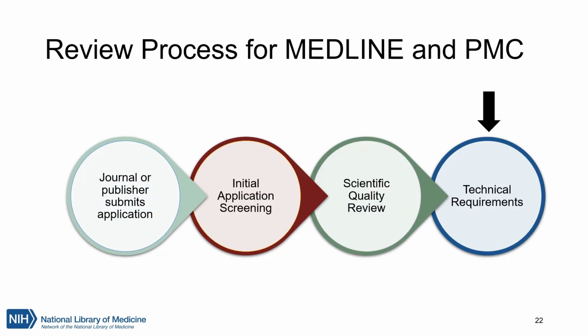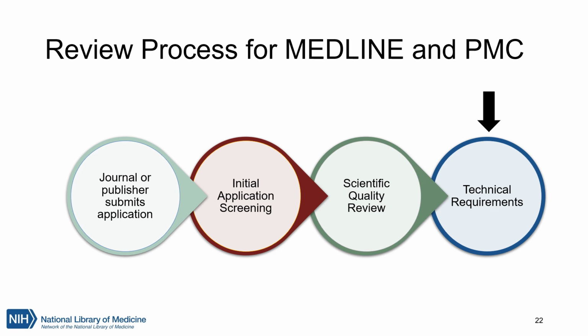If the journal passes the scientific quality review for Medline or PMC, then it goes on to the final step of ensuring it meets all technical requirements. Journals and publishers upload their own content to Medline and PMC. This process is more advanced and time-consuming for PMC as they must provide the full text content, images, and supplemental materials, whereas Medline journals only have to provide citation data and have the option to provide conflict of interest statements.